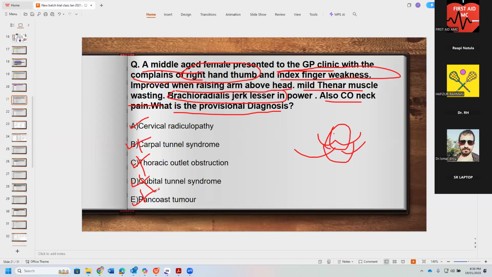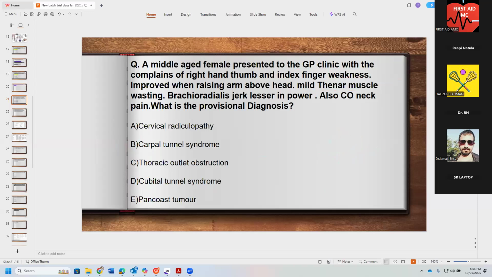Clear, guys? Any question? So your correct answer is cervical radiculopathy, option A. Any queries, guys? Is it clear how our answer is A?